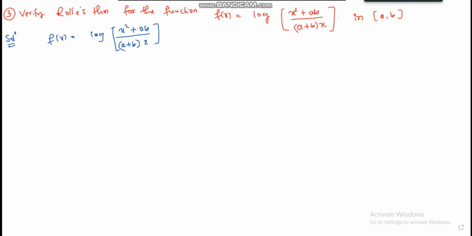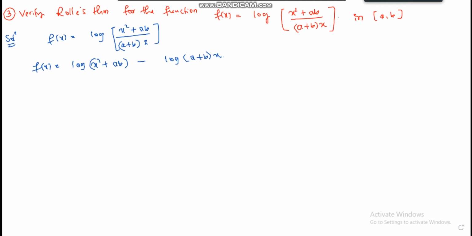You already know the law of logarithms. By using it, we can write f of x is equal to, since log m by n is equal to log m minus log n, log of x square plus ab minus log of (a plus b) into x.